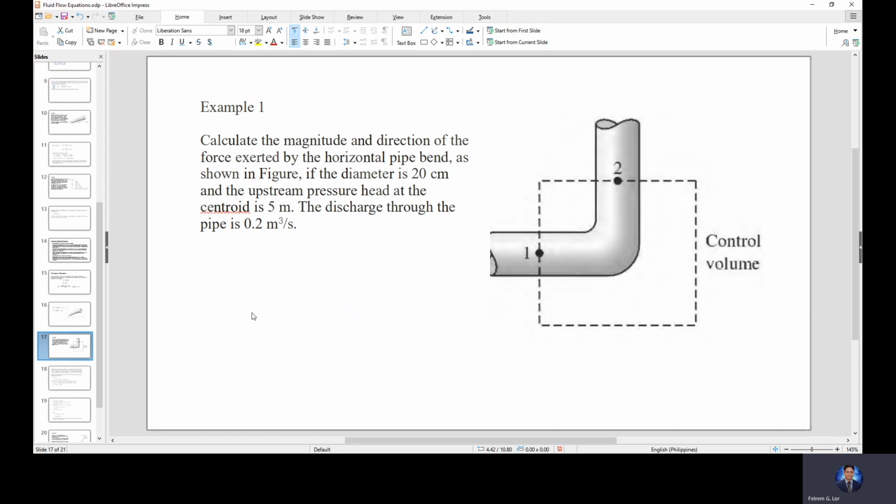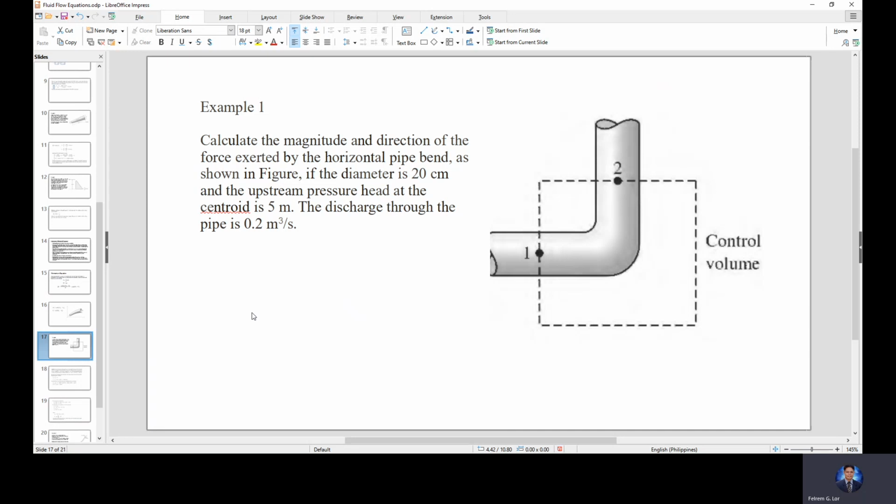And the upstream pressure head at the centroid is 5 meters. The pressure head is 5 meters.